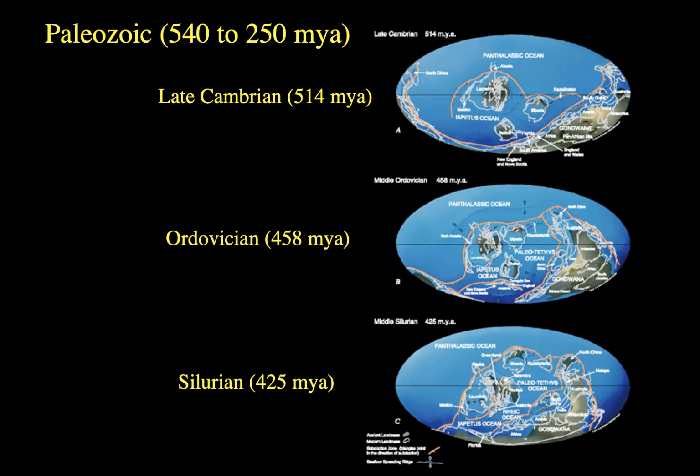So during the Cambrian, Ordovician, and Silurian, the continents continued to move from south to north in general. So you have North America and other continents moving northward, eventually finding their place in the northern hemisphere, and then other parts of this Gondwana land starting to break up into smaller units.